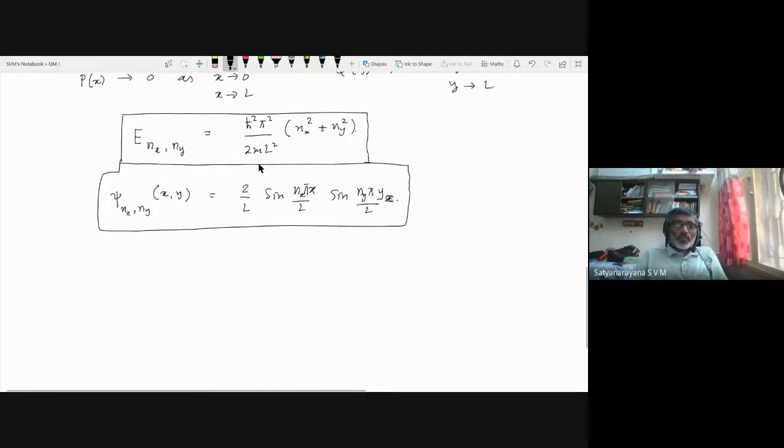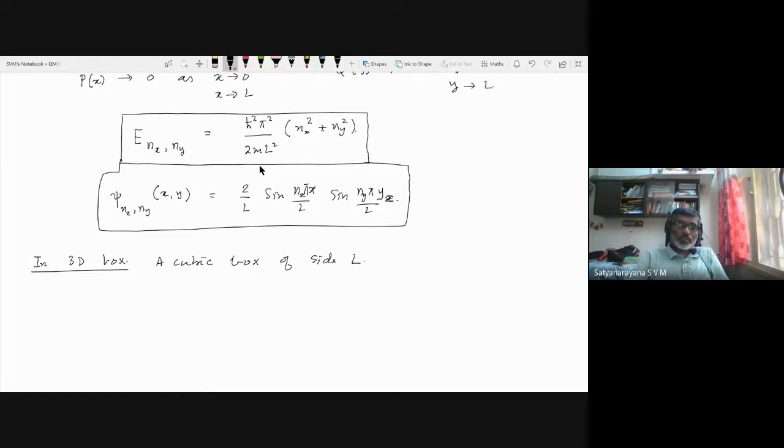Now let me just generalize it. In three dimensions, for example, in a 3D box, that means we will have a cubic box of side L. The particle is confined inside this cube.